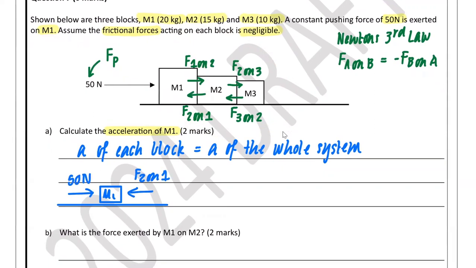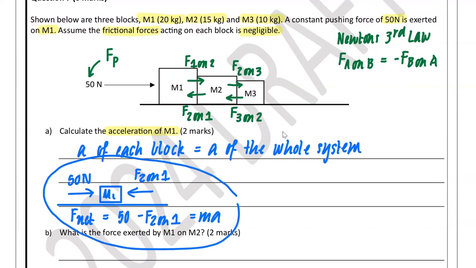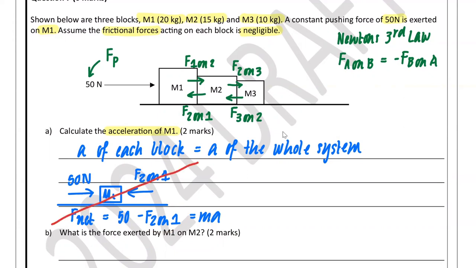If I write this out, F net equals 50 minus F2 on 1. And we know from Newton's second law, net force is equal to ma. Can we see how in this case I have two unknowns? We can't solve for acceleration if we have two unknowns and only one equation. So this one is not going to be valid. Hopefully that makes sense. So I'll just put a red cross there.